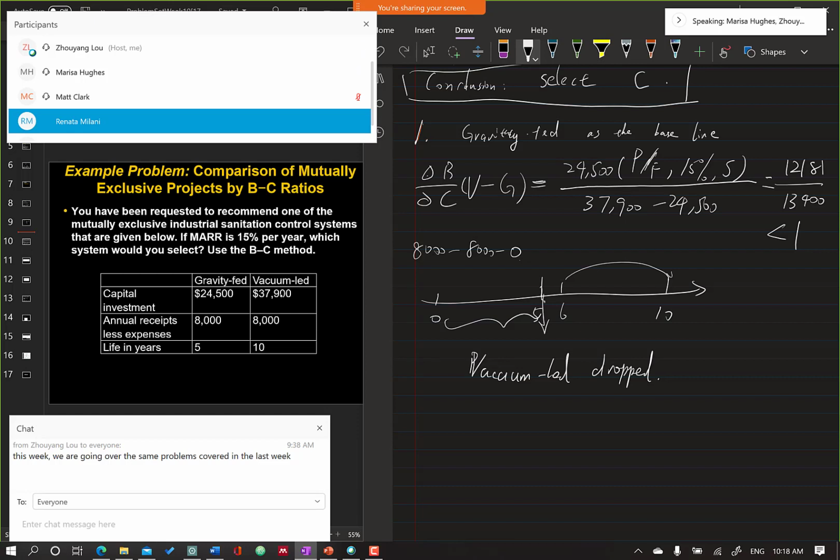If we do this for 10 years, the annual benefit for both projects will always be $8,000. So the difference will be equal to 0, and for simplicity we can just ignore that. Okay, because it's every year. Yeah.